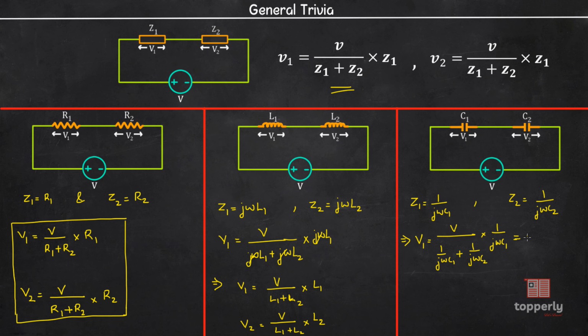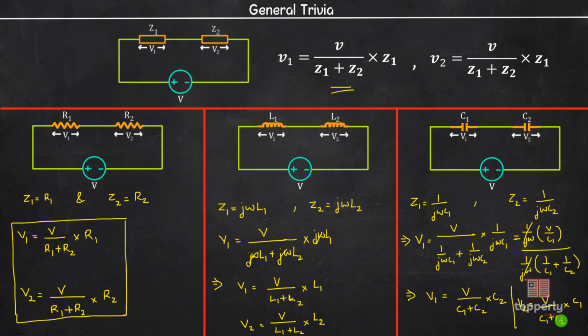Taking out 1 by j omega C1 on both numerator and denominator, we have 1 by j omega into V by C1 by 1 by j omega into 1 by C1 plus 1 by C2, and these cancel out, and finally we have V1 equal to V by C1 plus C2 into C2, and similarly for V2 we have V by C1 plus C2 into C1.